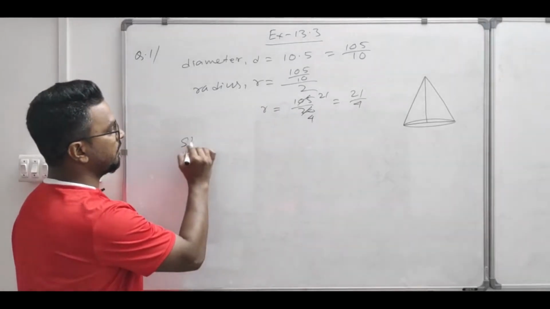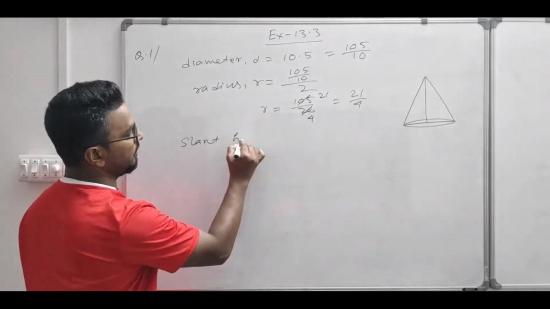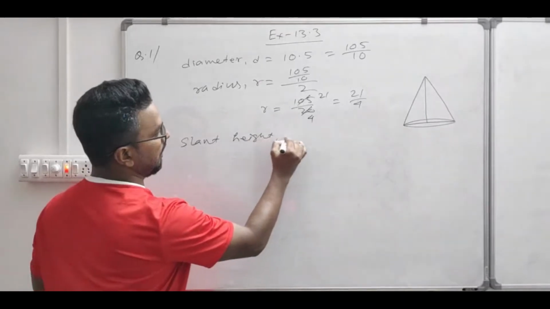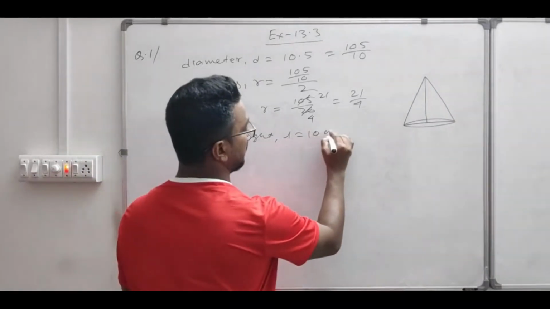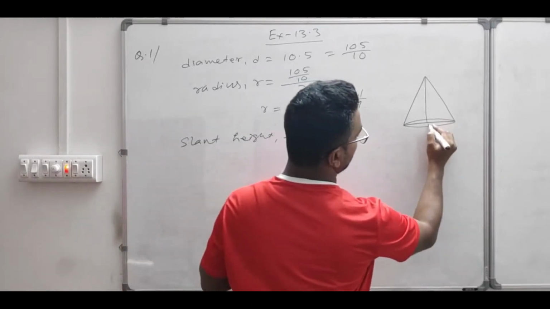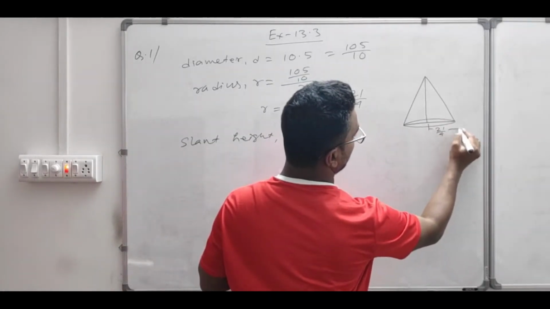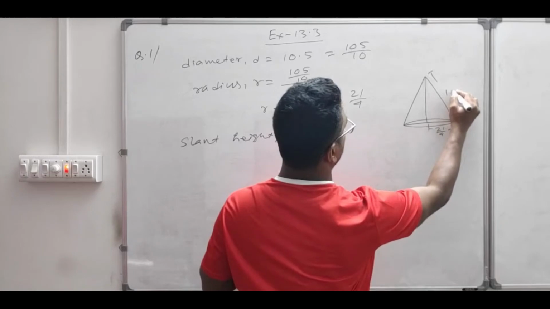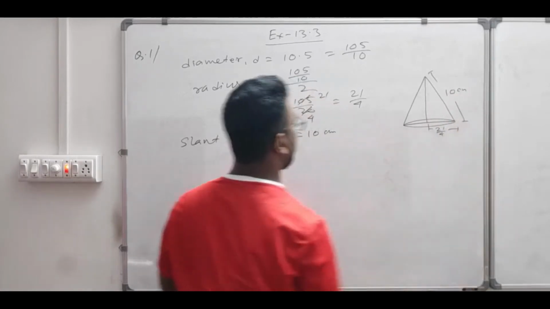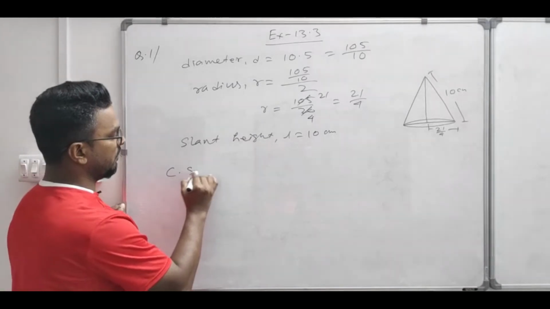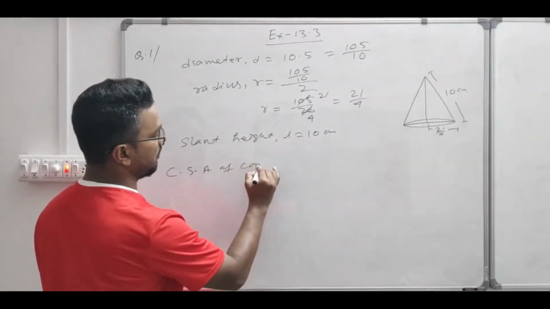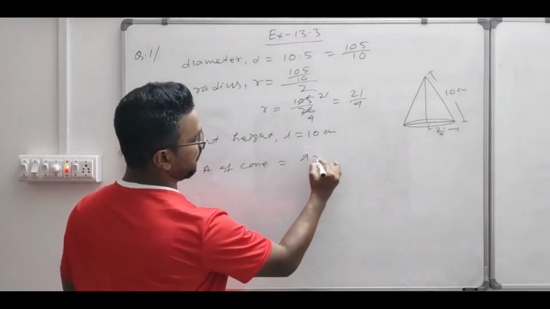And slant height is given. L is given how much? Slant height is given 10 centimeter. So radius we got already 21 by 4, and slant height is 10 centimeter. So you have to find the curved surface area. Curved surface area of cone is equal to pi r l.